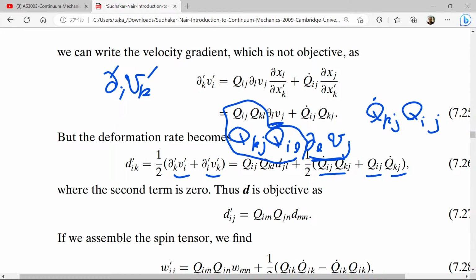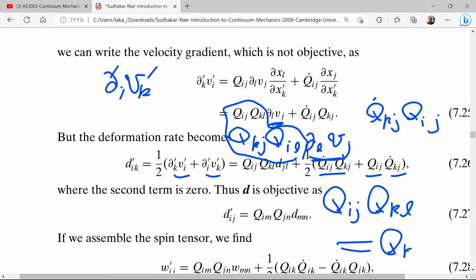I don't know how to prove this. q_ij q_kl has to be equal to q_kj q_il. How do you prove it?